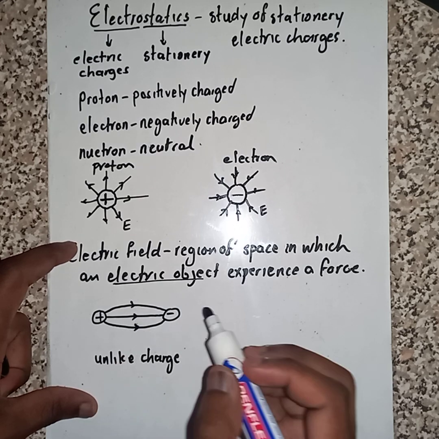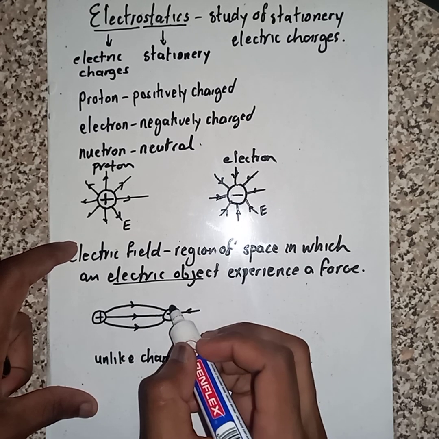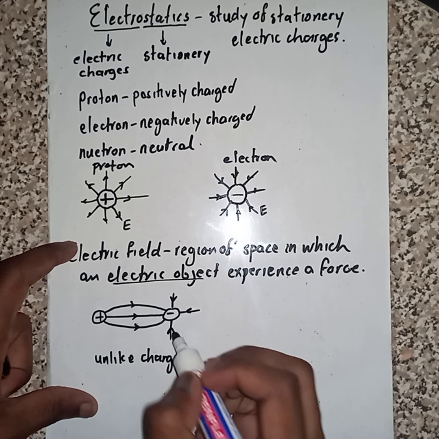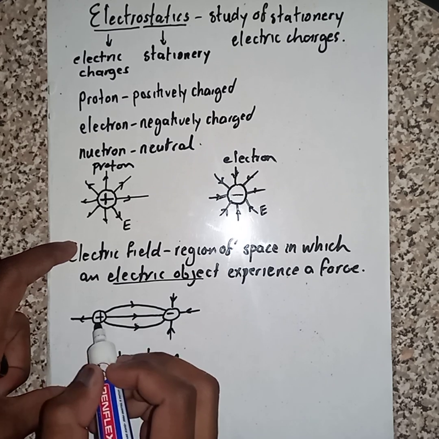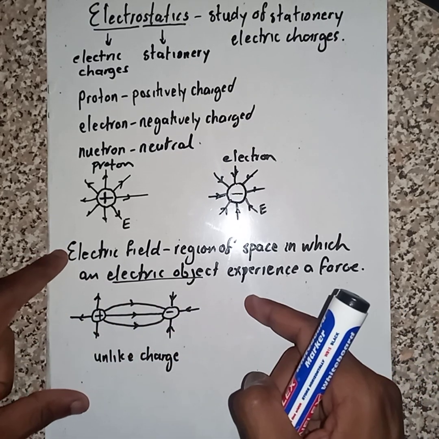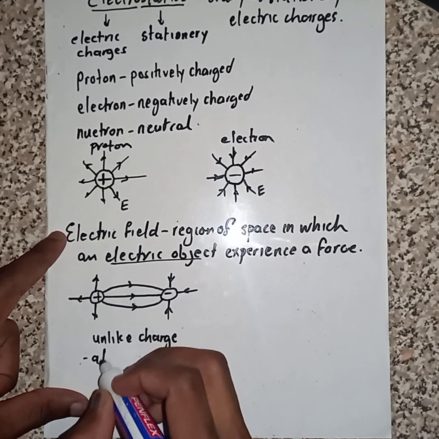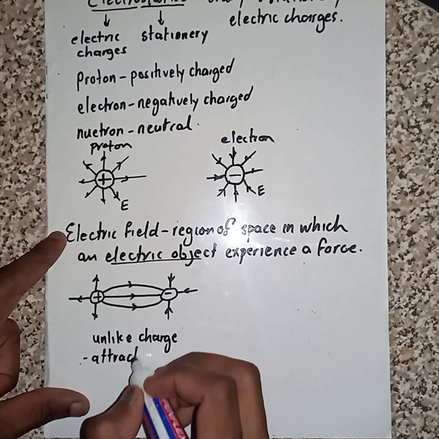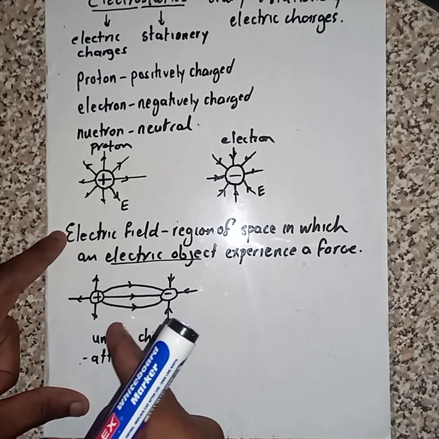Towards like this, but away from this one. Eventually what is going to happen? They will attract each other because there is no space.